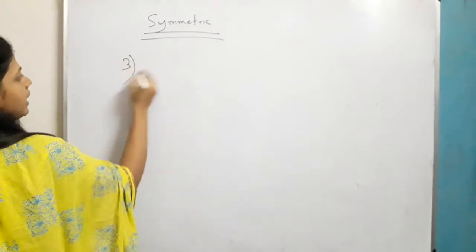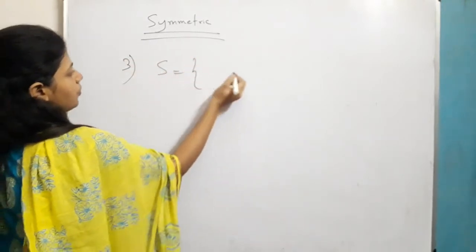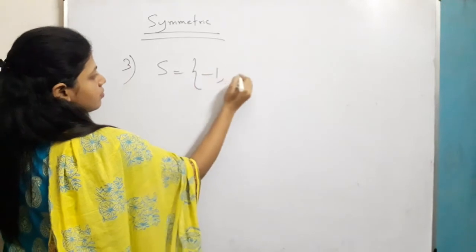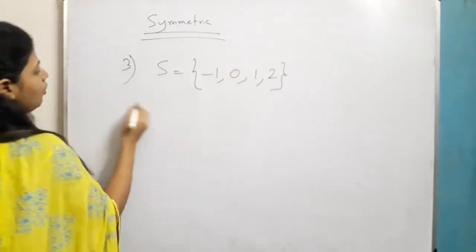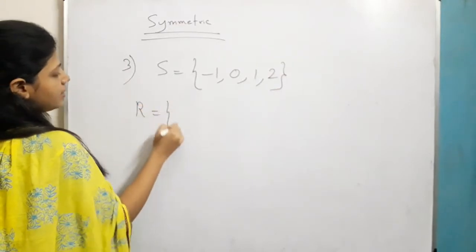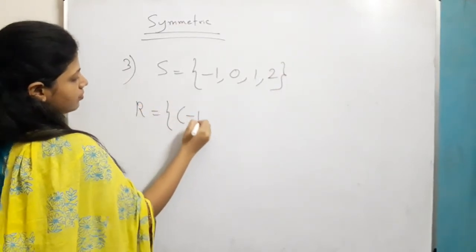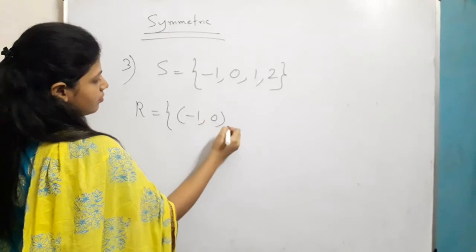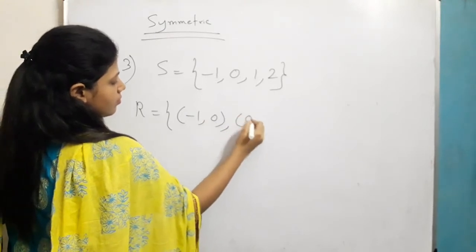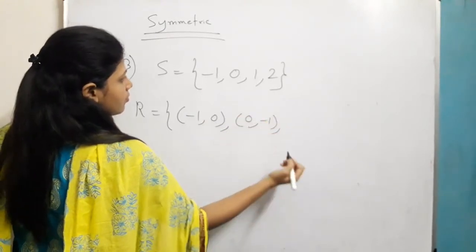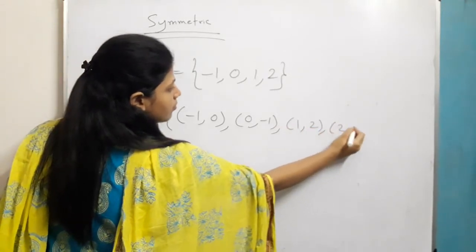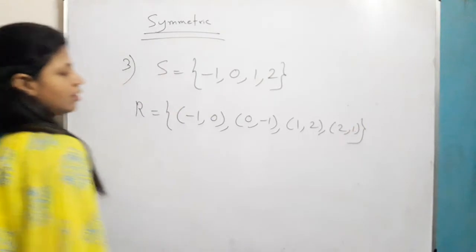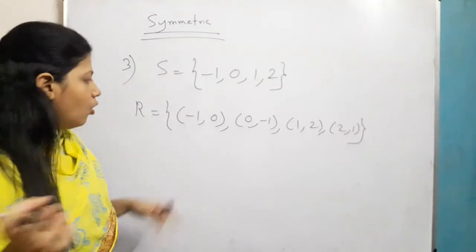I am taking one set, A equals to, now, if the relation is, it is symmetric. Why?